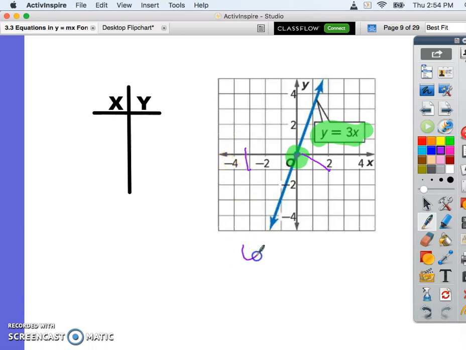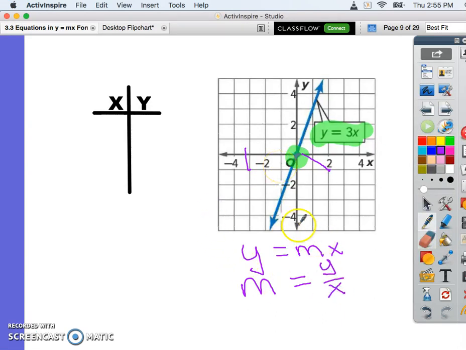y equals mx. If I wanted to figure out what m was, I can change it and divide y by x.